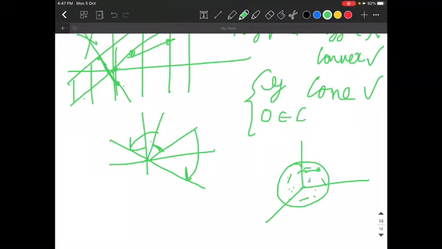No, because the line joining any 2 points will not lie in the ball. An affine set can't be bounded by a ball of finite radius.